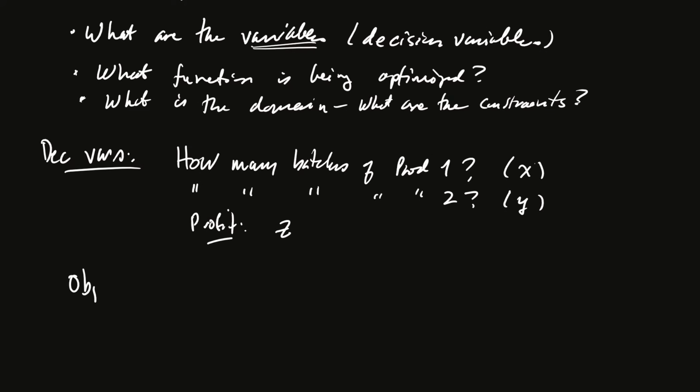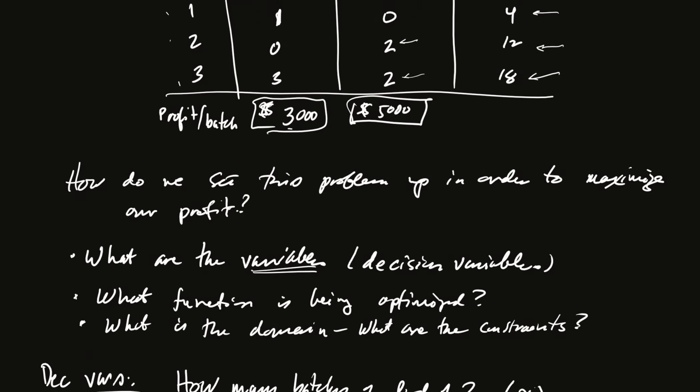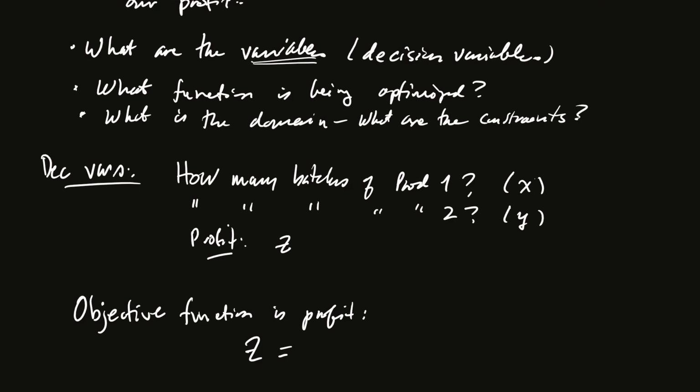So the objective function, let me spell that correctly here, in this case is going to be the profit, which we'll say is Z, and so Z is going to be $3,000 times X plus $5,000 times Y. So I'm going to abbreviate that by 3X plus 5Y, and then we'll make a note that this is in thousands.